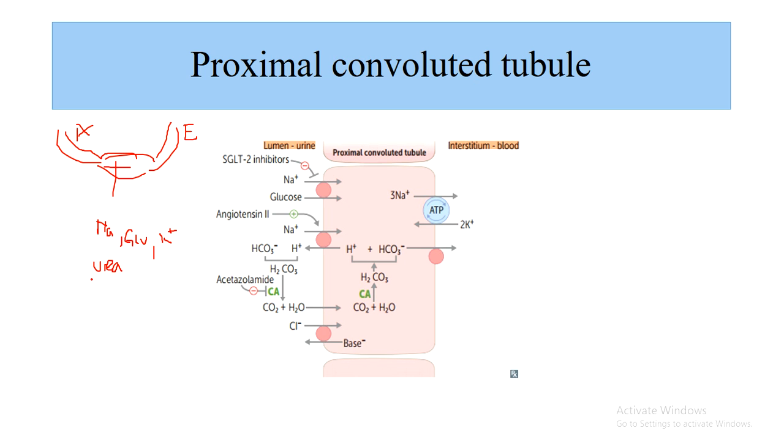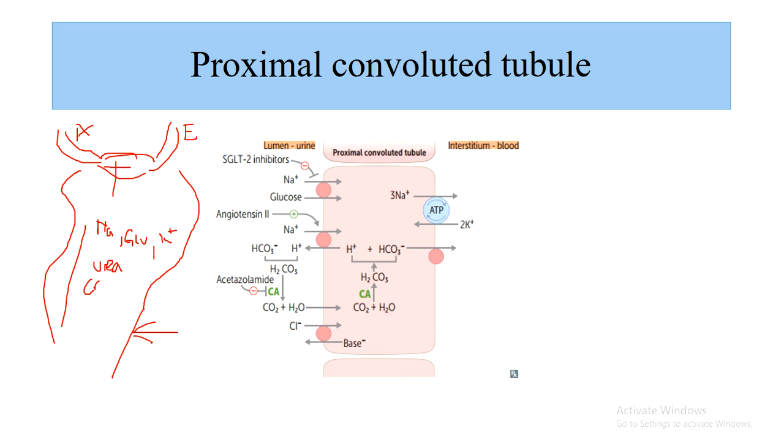And there is again creatinine which comes out. So this is the solute. This is the content that we get from filtration. This is in the Bowman capsule, and this solute is going to go into the proximal convoluted tubules.